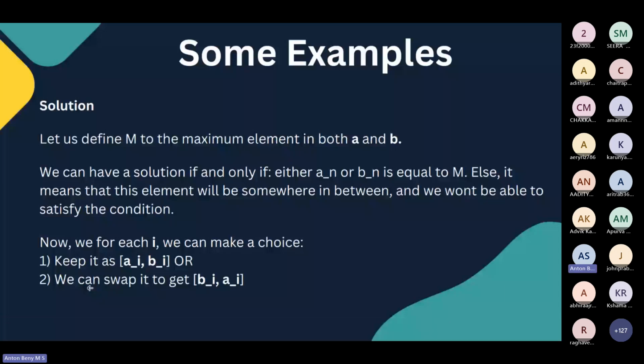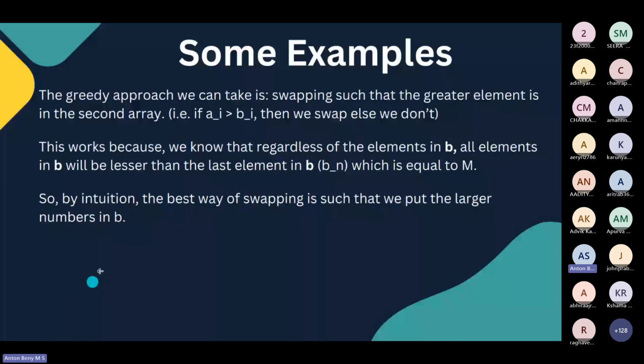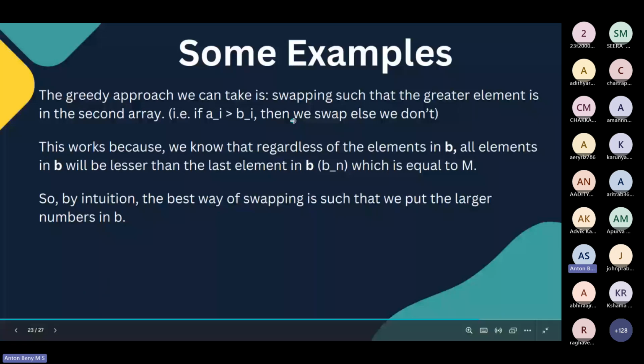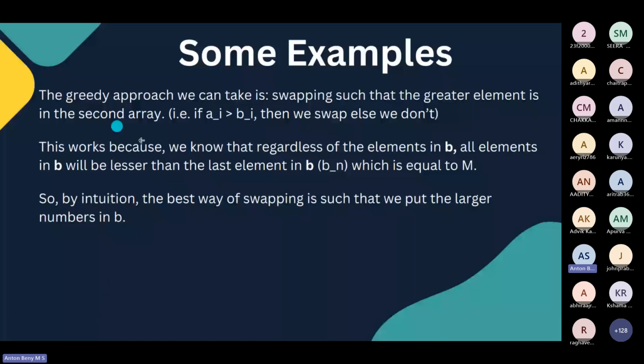These are the choices you can take. Now the greedy approach would be something like this: you would swap such that the greater element is always in the second array, and by second array, I mean array B. That is, if ai is greater than bi, then we will swap, else we'll just keep it as it is.